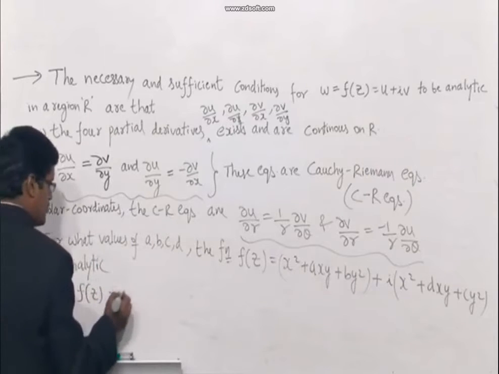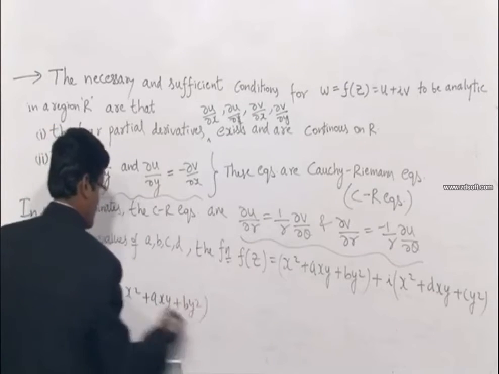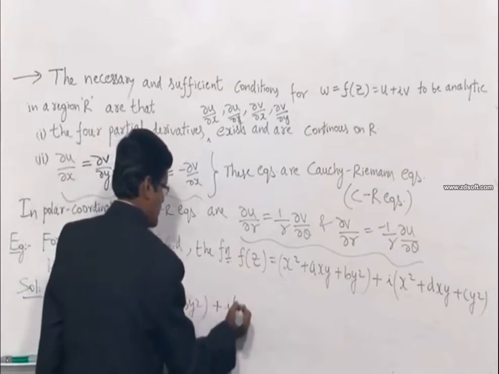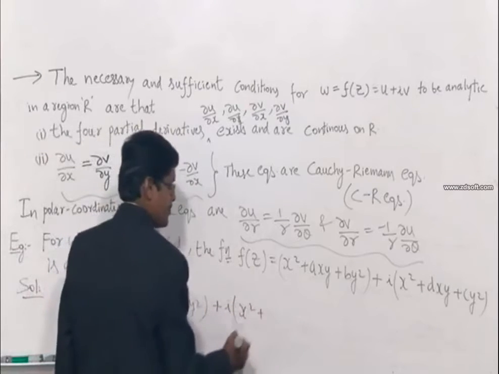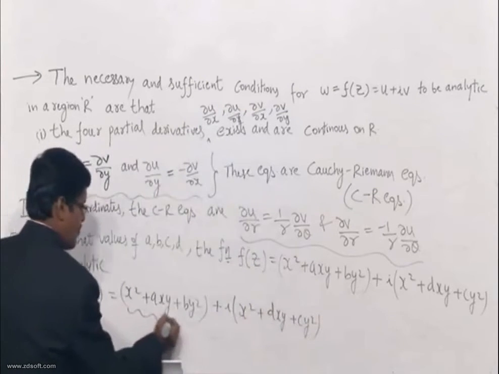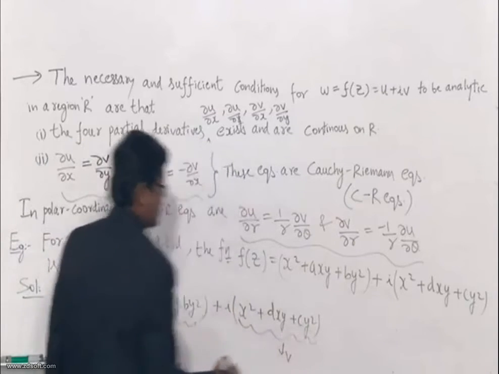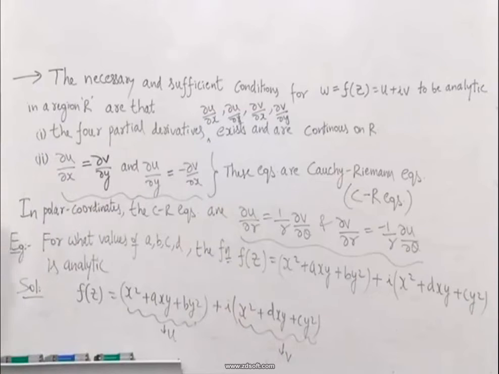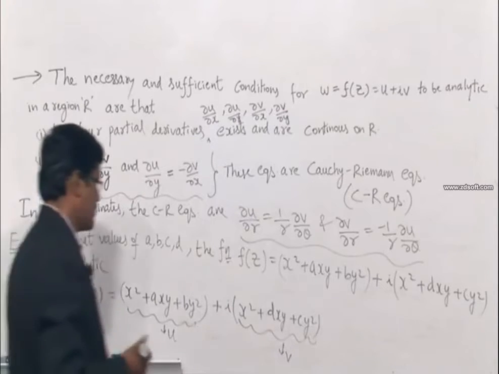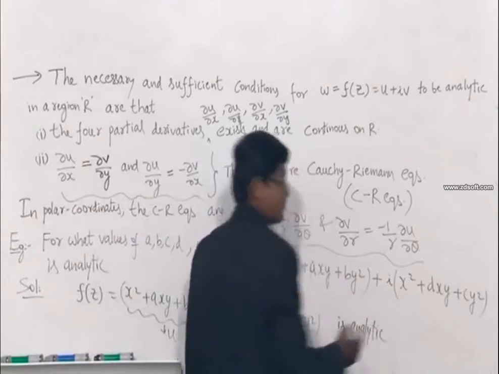f of z is equal to x square plus axy plus by square plus I times x square plus dxy plus cy square, which is in the form of u plus iv. The coefficient that is multiplying I is denoted by v. The term not containing I, that is the real part of f of z, is u. Okay, it is analytic.